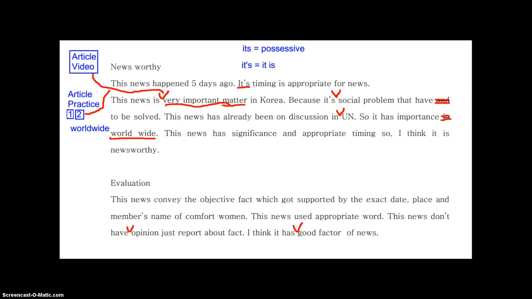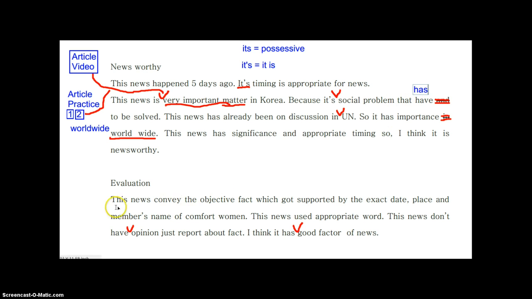Alright, the next thing I want to talk about is the use of second and third person pronouns. Since "a social problem" is third person singular, we're going to put "has".